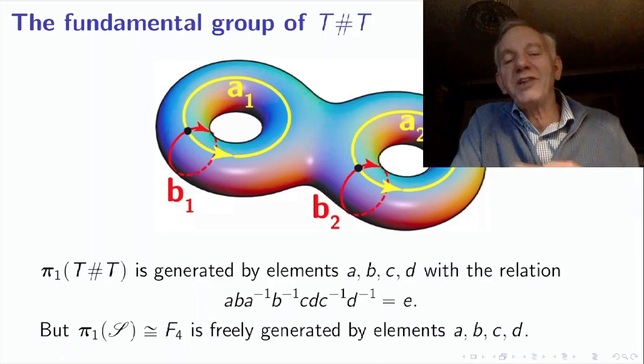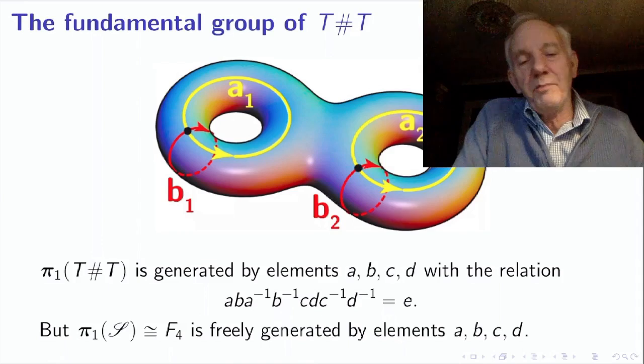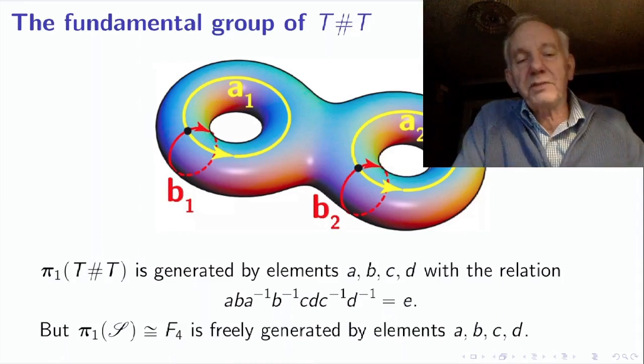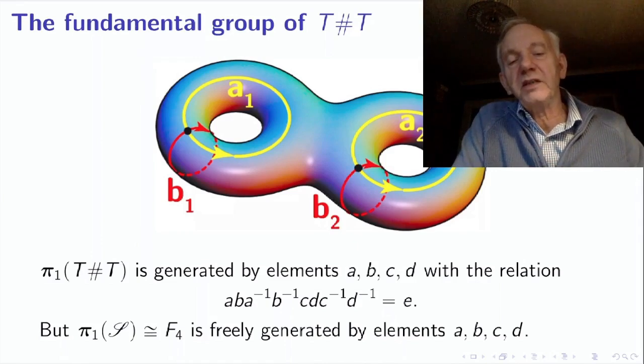Removing the disk means that there's no relation anymore, because the disk introduces one other loop which you can express in terms of the 4 original ones. So you end up with what's called a free group on 4 generators, with no relation, and that's the fundamental group of our Seifert surface.